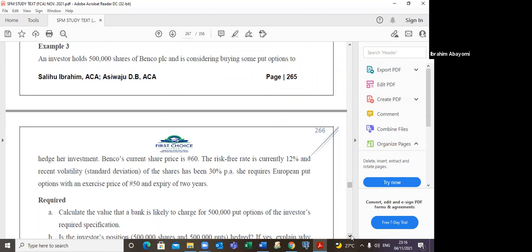An investor holds 500,000 shares of Benko PSC and is considering buying some put option to hedge the investment.